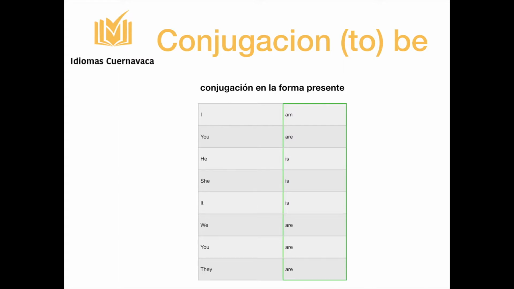Como puedes ver, la conjugación del verbo to be para muchos pronombres personales son iguales. Para he, she, it son iguales. Y para you, we, you y they son iguales. Solamente para I es la excepción: I am.